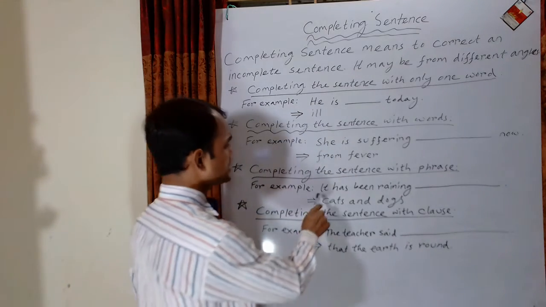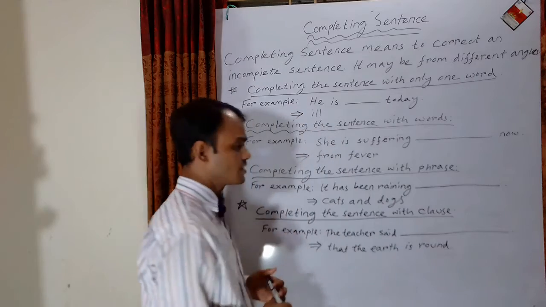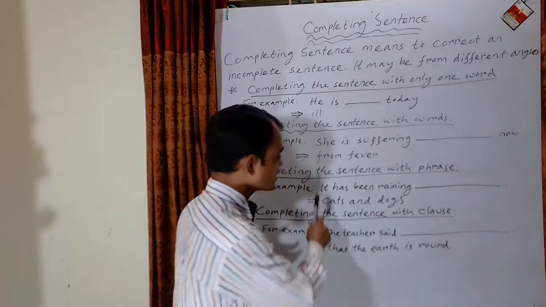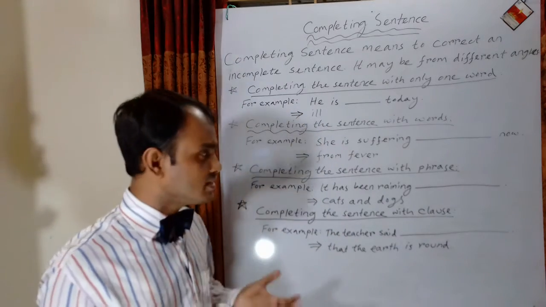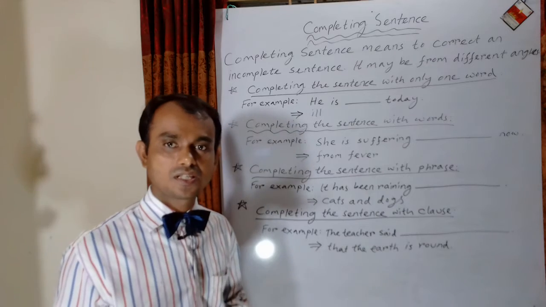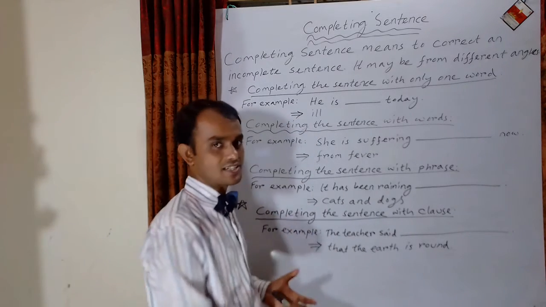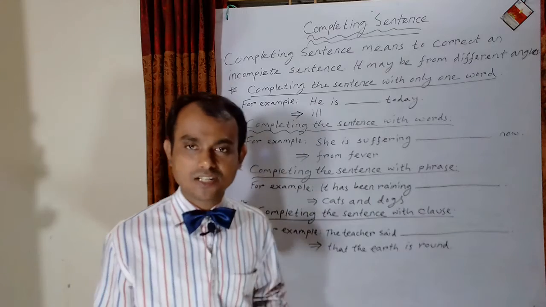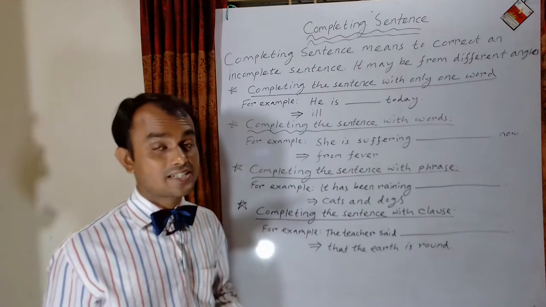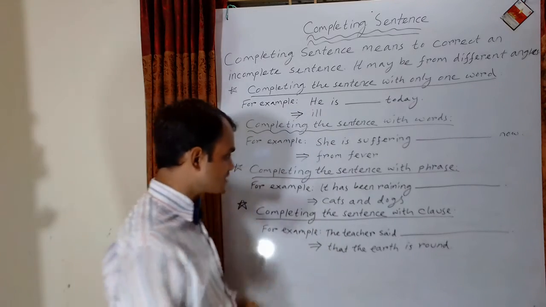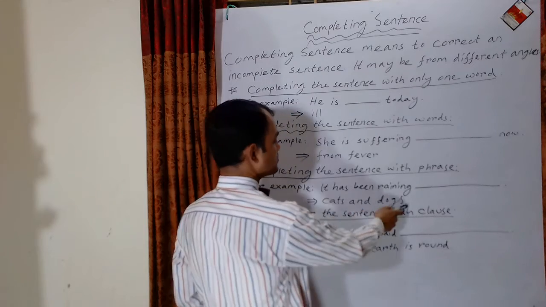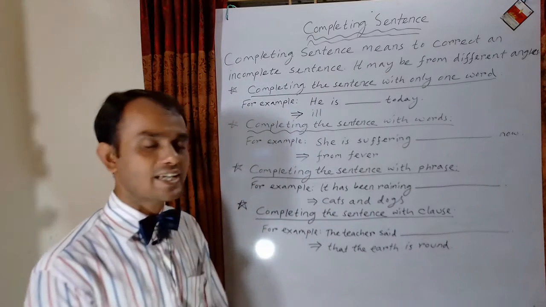Okay, for example, it has been raining dash. We see from this sentence there is a gap, and in this gap we must use a phrase that must be according to the meaning of the sentence. I have used cats and dogs. Cats and dogs. It is a phrase because it has no subject and no finite verb. It has been raining cats and dogs.